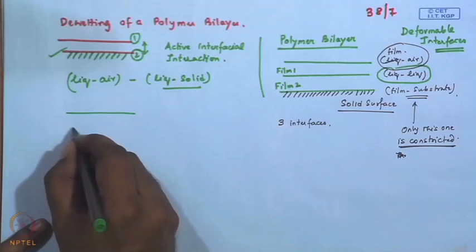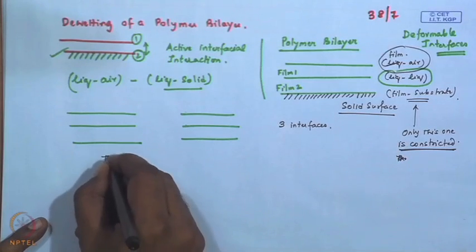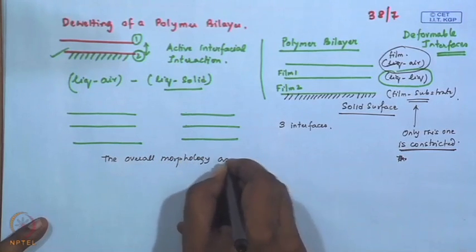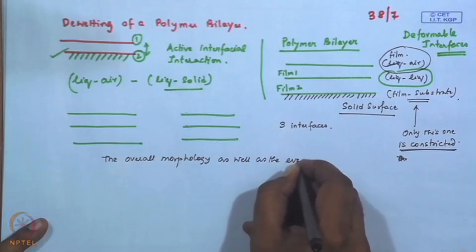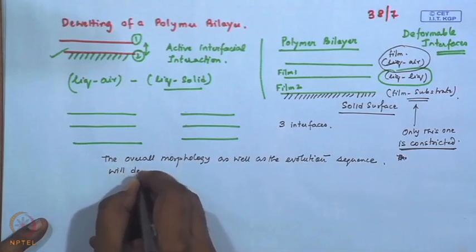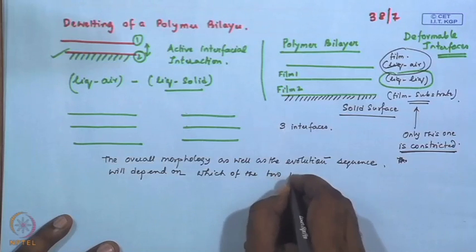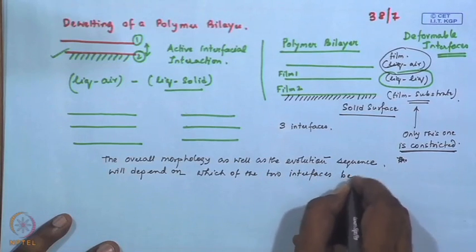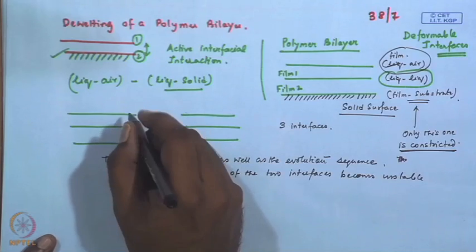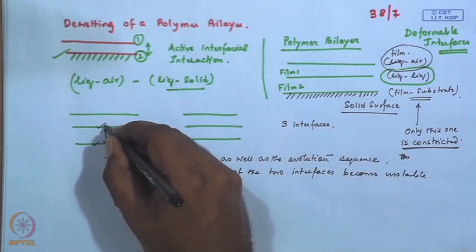Consequence is now depending on which of the interfaces becomes unstable faster, the overall morphology will differ. So, which of the two interfaces becomes unstable faster.